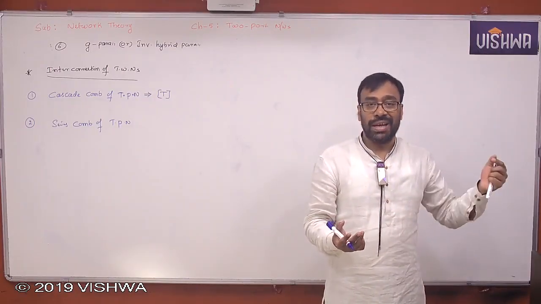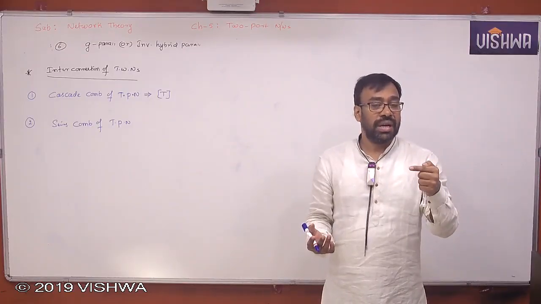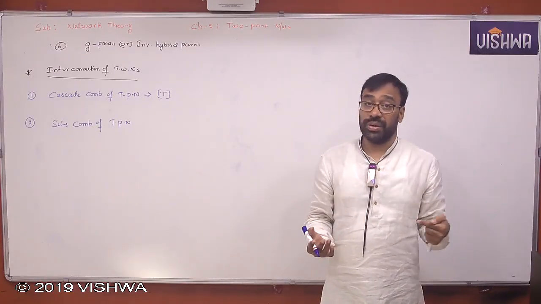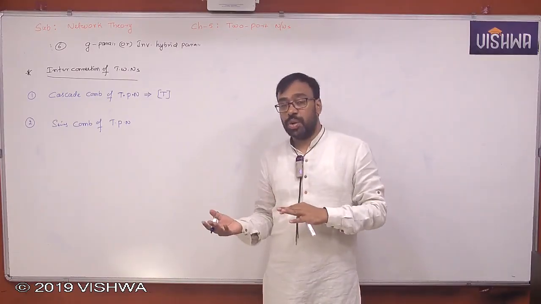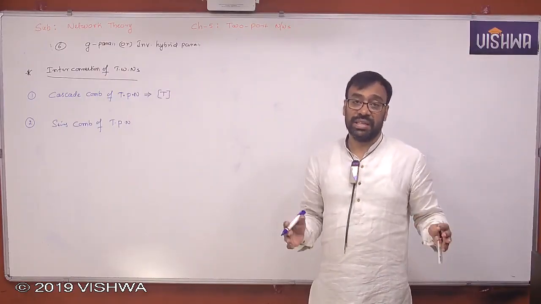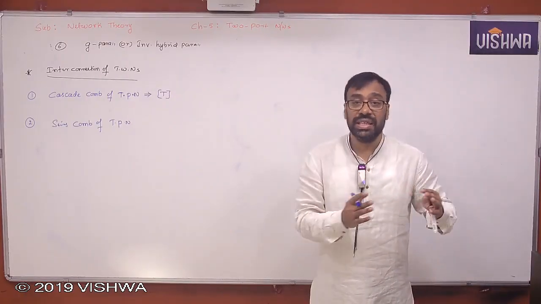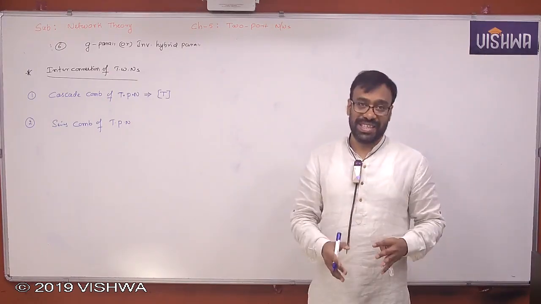Whatever the current is getting into the first two-port network, the same current should get into the second two-port network on the input port side. Similarly, on the output port side also, the same thing should happen. Then only both are said to be in series. That means input side series, output side also series, then both are said to be in series.